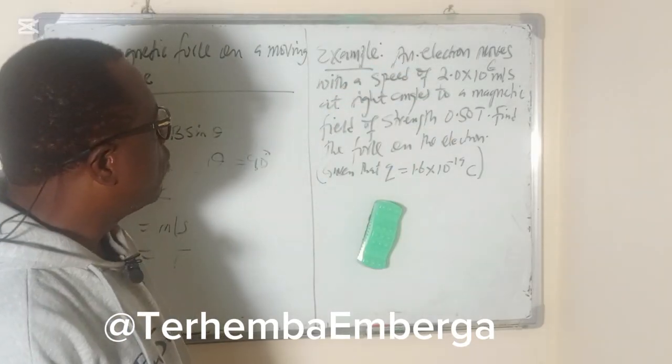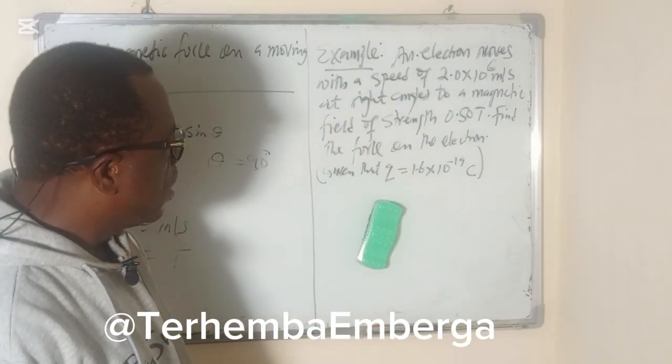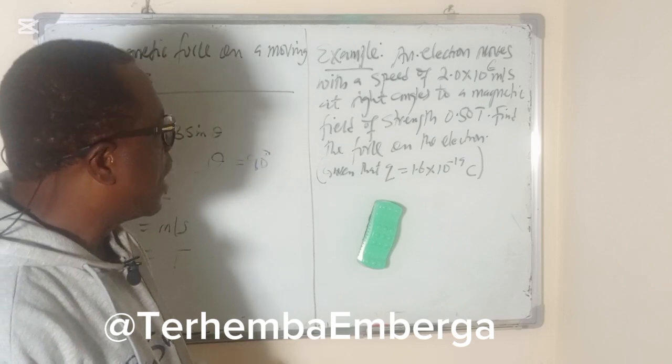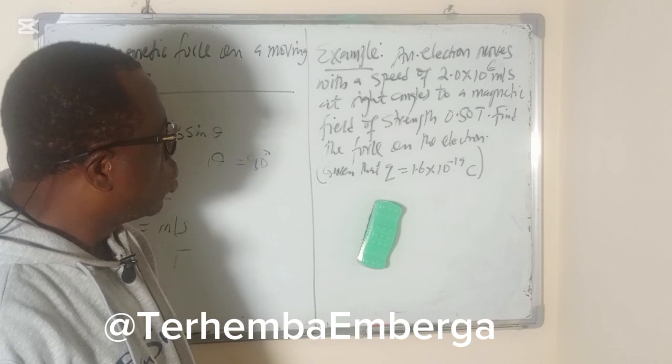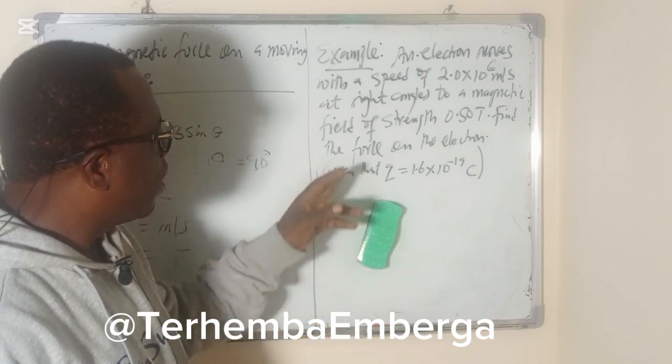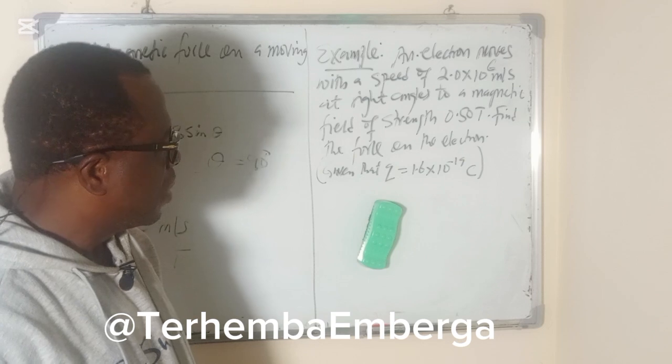An electron moves with a speed of 2.0 times 10 raised to power 6 meters per second at right angles to a magnetic field of strength 0.50 Tesla.